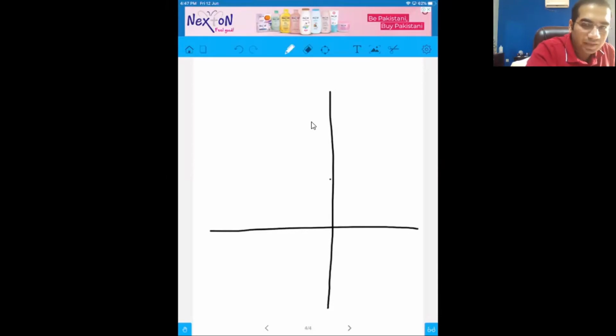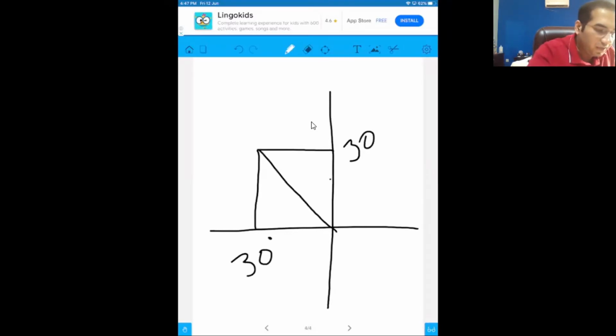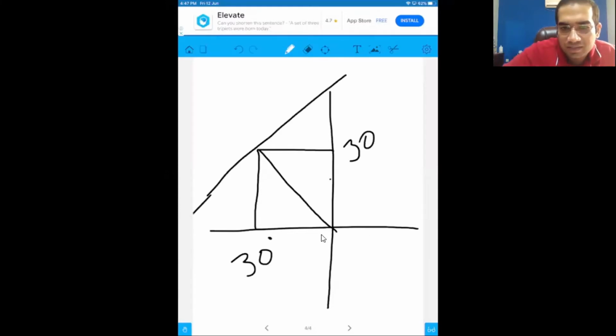So assuming that this was the magnitude of the deformity, let's suppose 30 degrees here and 30 degrees here. So this was the exact location of the deformity. What I did was draw a line which is exactly perpendicular to this line, assuming that this is the center of the bone.